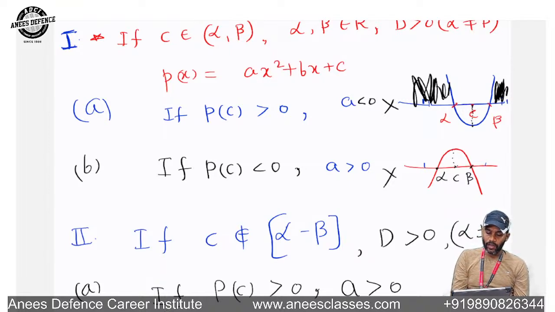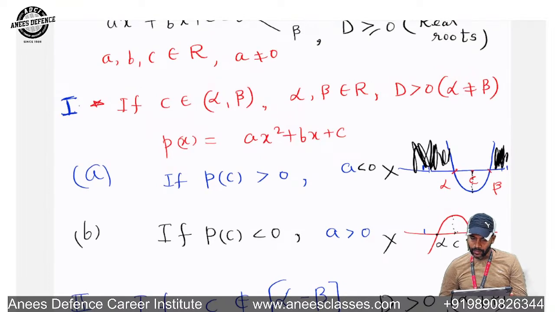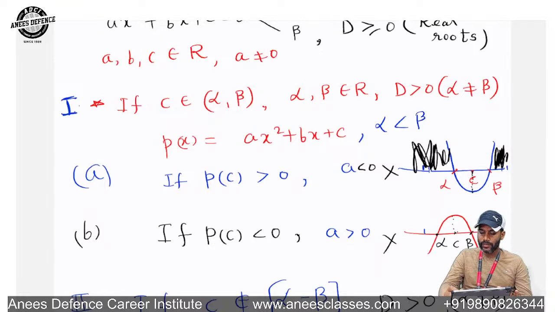Once more. If P of C is positive, where is C? C is either on the left-hand side of alpha or the right-hand side of beta. Here you have to mention one more condition: alpha is less than beta.